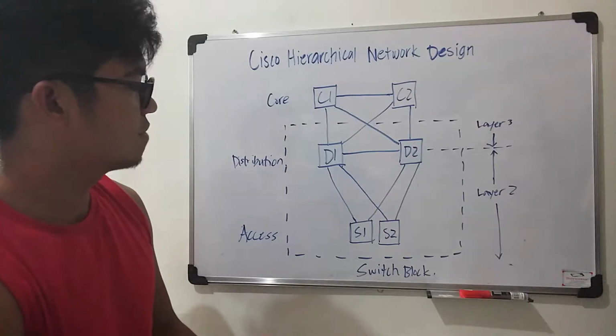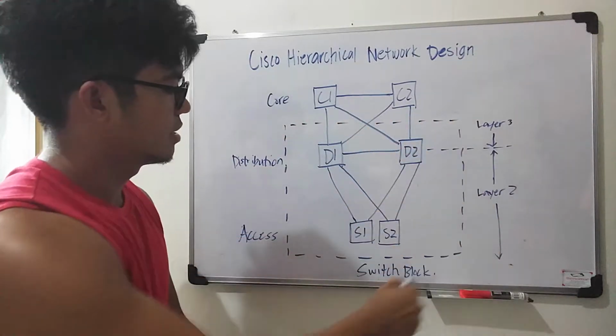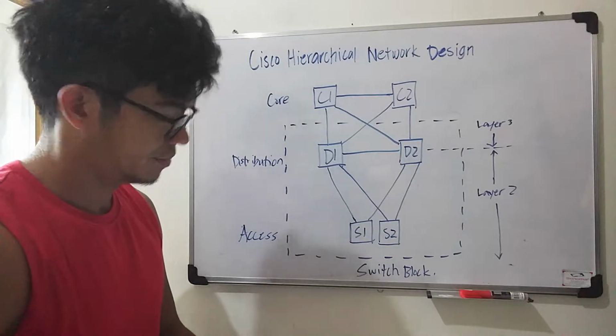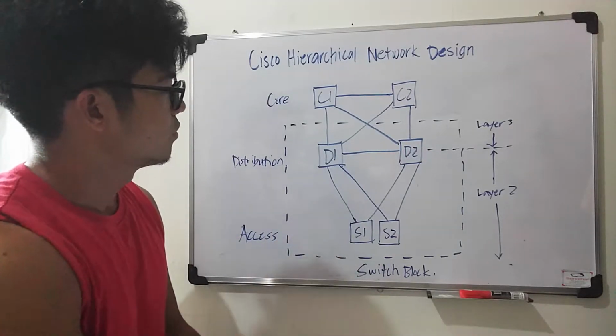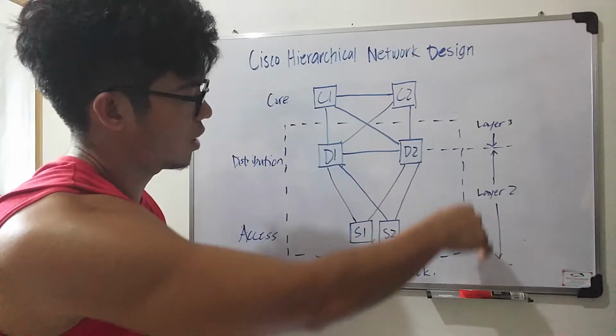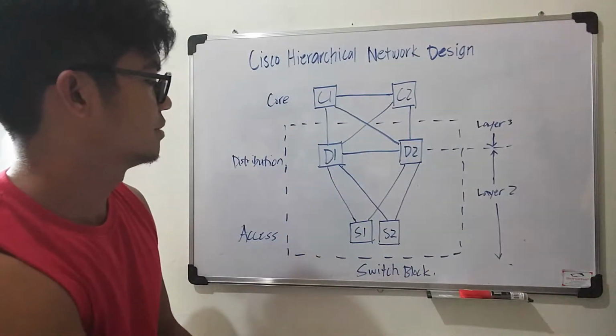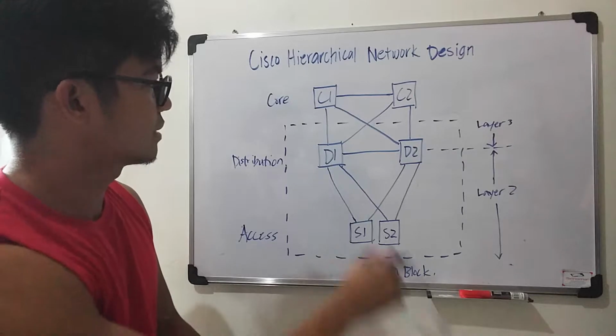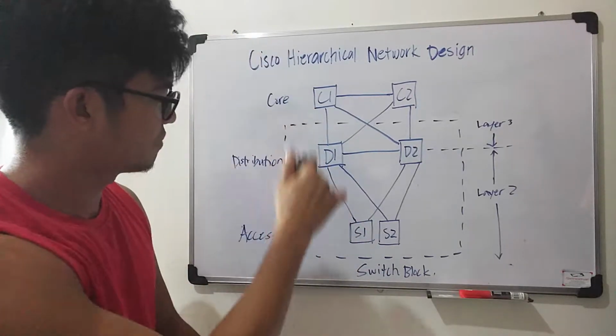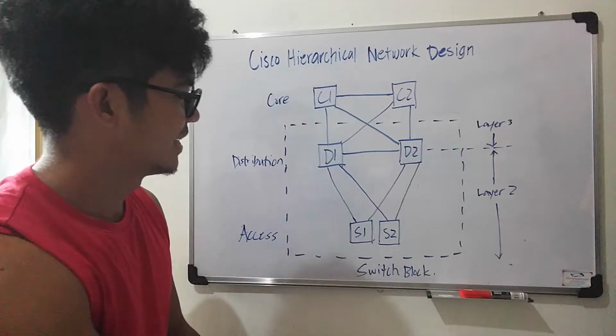And we also have this square here, the dotted or hyphenated square.